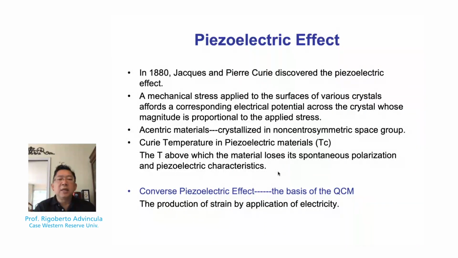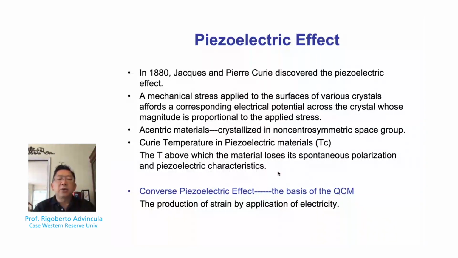The crystal has to be an eccentric material and a material which has a Curie temperature in the piezoelectric element, that is the temperature above which the material loses its spontaneous polarity and piezoelectric characteristics, is a requirement. Thus, the converse piezoelectric effect essentially is the basis for the QCM.